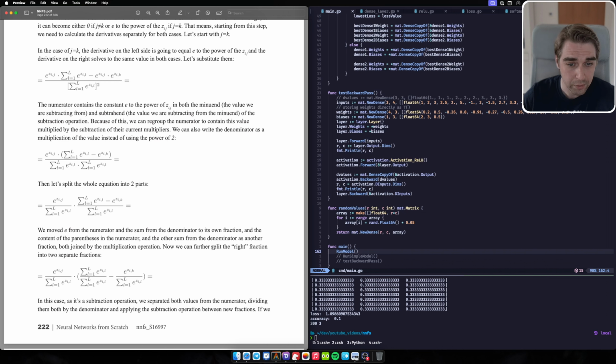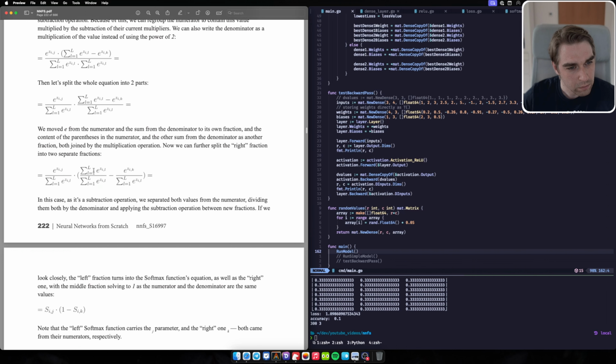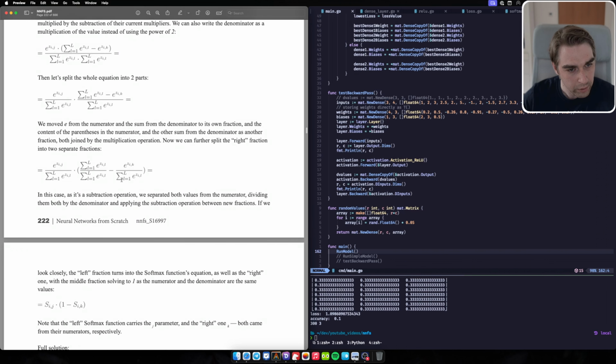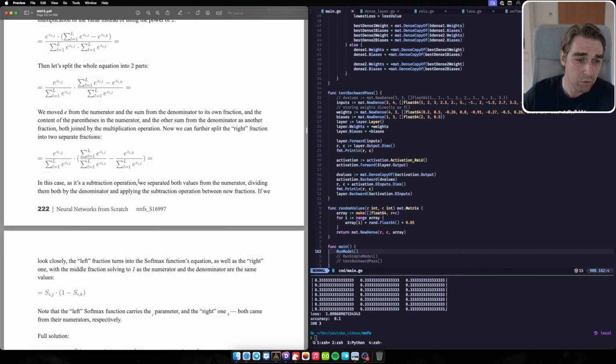Now we can further split the right fraction, this one, into two. So this divided by this and this divided by this, right? And that looks like 1, right? In this case, it's a subtraction operation.